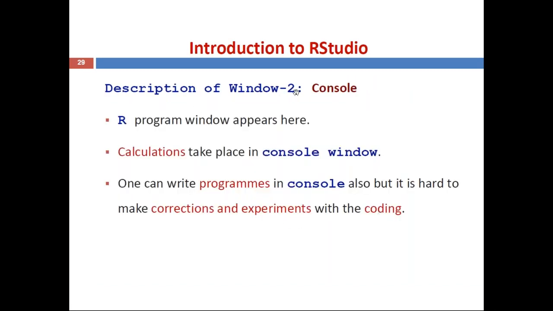Then coming to window 2, the console window, where R code appears. Calculations take place in the console window. One can write programs in the console also, but it is hard to make corrections and experiment with the coding using the console window. This is one of the difficulties.